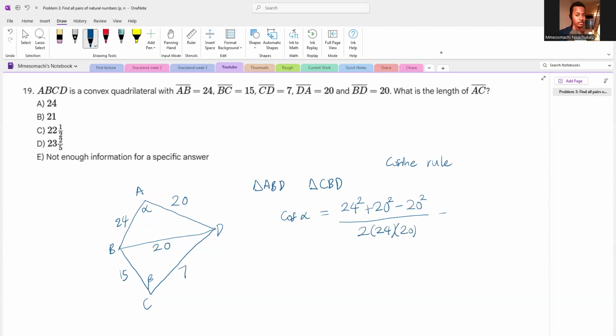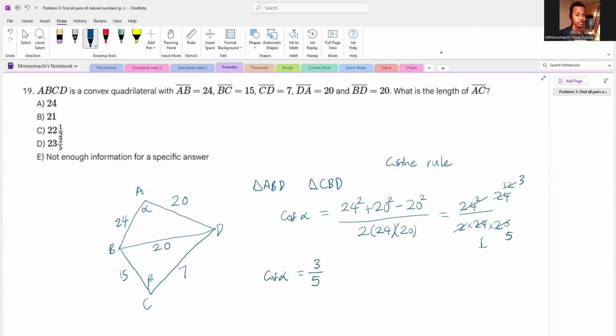Let's simplify this. 20 squared minus 20 squared cancels out. We have 24 squared over 2 times 24 times 20. This will cancel 24, and 4 going into 20 gives 5, and 4 going into 12 gives 3. So we have cosine alpha equal to 3 over 5.